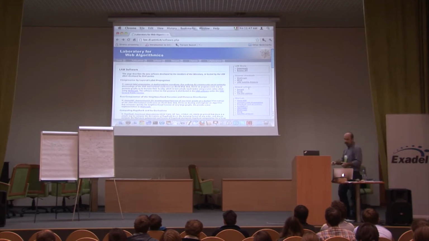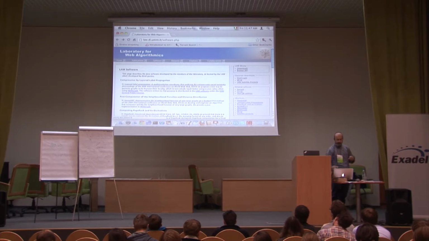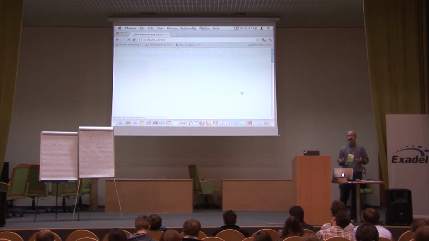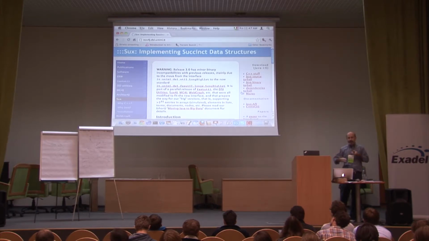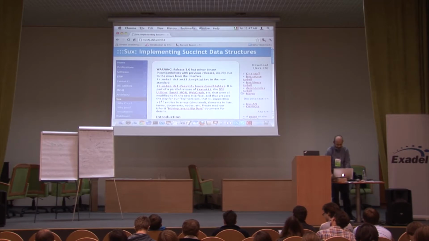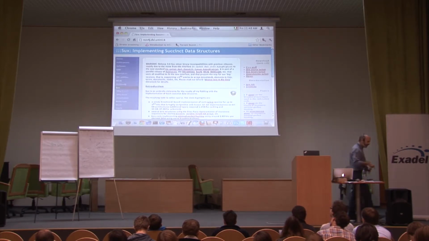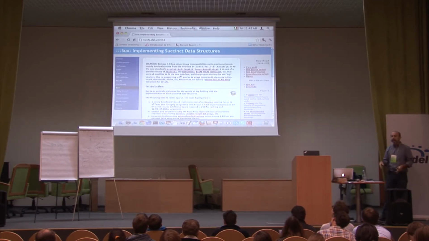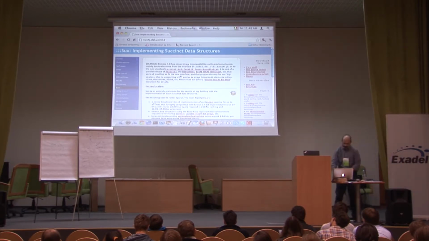And then there is Sux4J. Sux4J is very interesting, and it's a collection of things that are needed if you want to deal with many strings. If you have many strings and you want to crunch them in some way, then you should think of using Sux4J. And actually, the next topic that I'm going to touch with you this morning is minimal perfect hash, and it's something that is contained in this library.